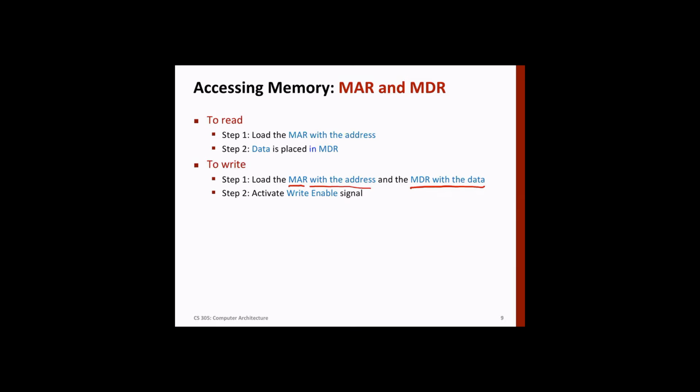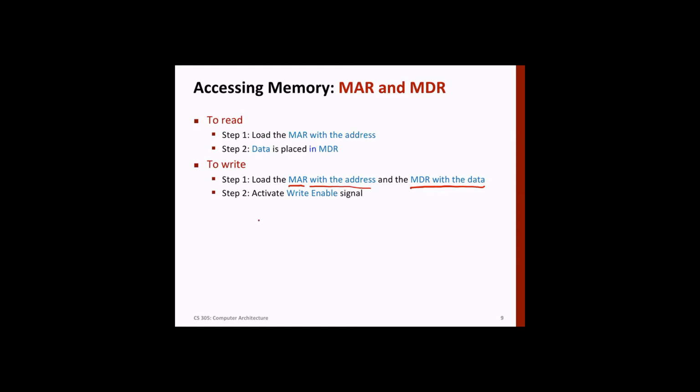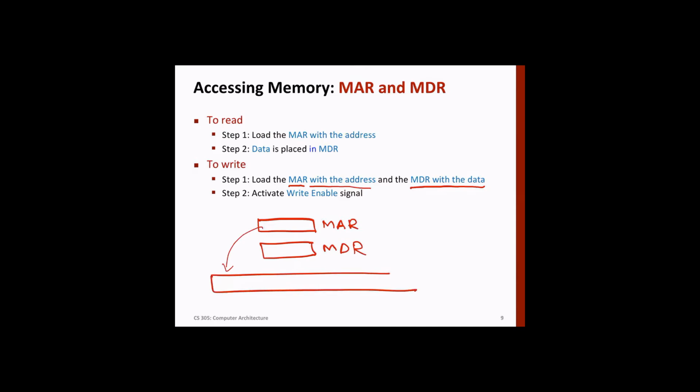Is it clear? So there are two registers, MAR and MDR. That's the minimum required for memory to work. MAR is nothing but a pointer to a memory location. Let's assume that this is a memory, and this shows the first byte, second byte, assuming it is byte addressable.